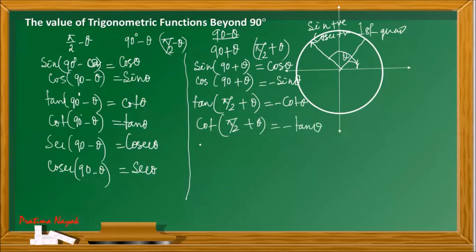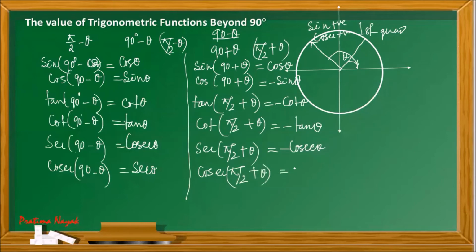Then sec pi by 2 plus theta is equal to minus cosec theta. And cosec 90 plus theta will be plus sec theta. Let me rub it out and write clearly. It will be sec.